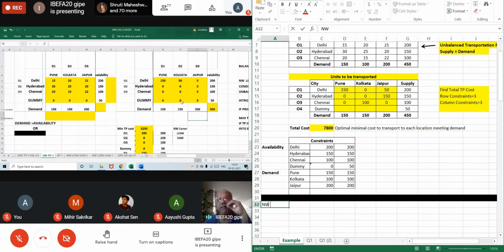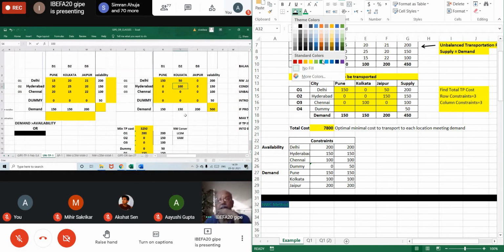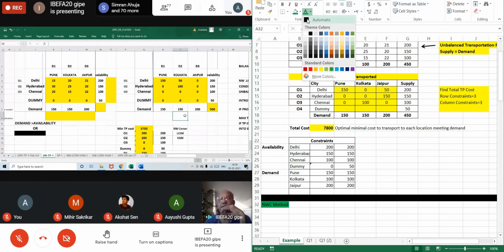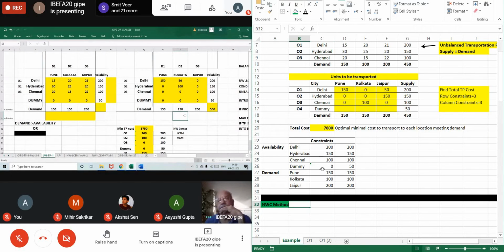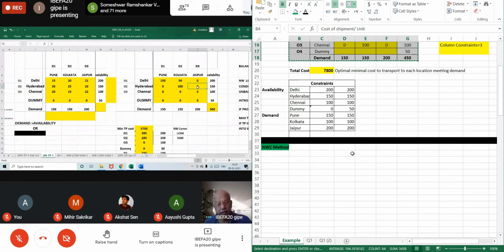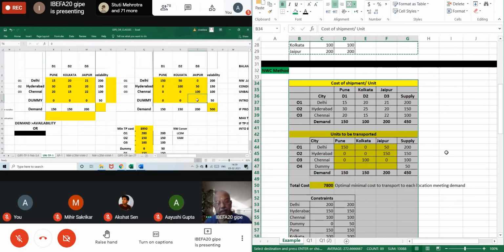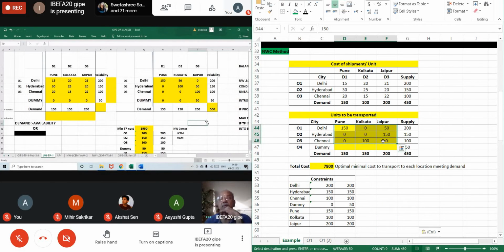And Kolkata wants 150, 50 already we got, 100 you can ship from Hyderabad. No need of shipment from Chennai to Kolkata. Now Hyderabad left 50, Chennai has 100 and 50. So which of the place have shortage? Where will be the shortage?